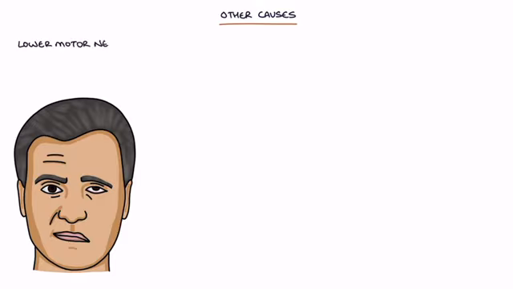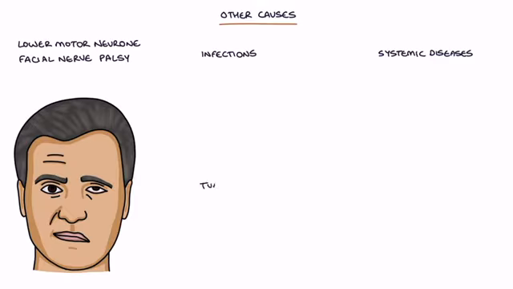Finally, let's talk about the other causes of a lower motor neuron facial nerve palsy. There are many causes that can be broken down into 4 sections: infections, systemic diseases, tumors, and trauma. Infections include otitis media, otitis externa, HIV, and Lyme disease.